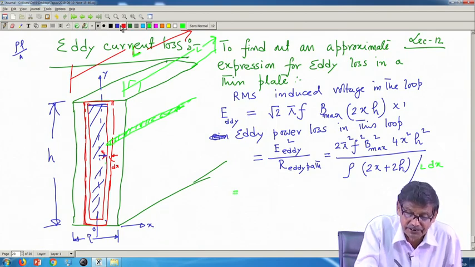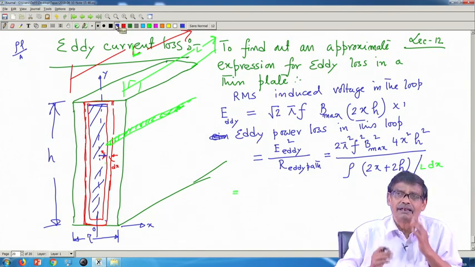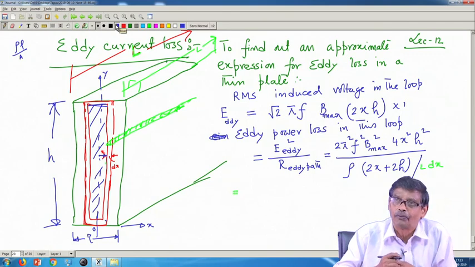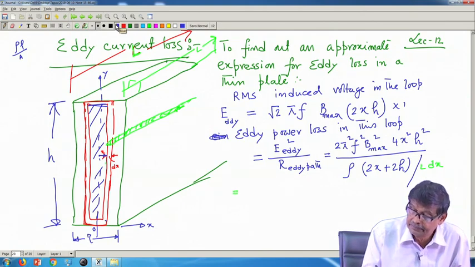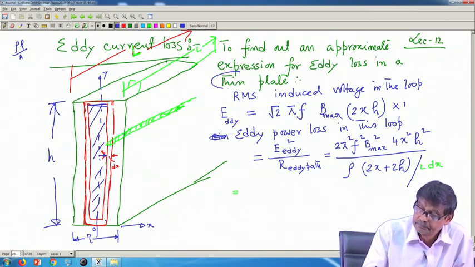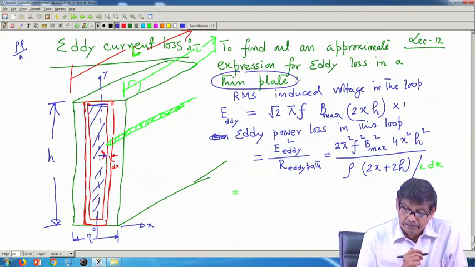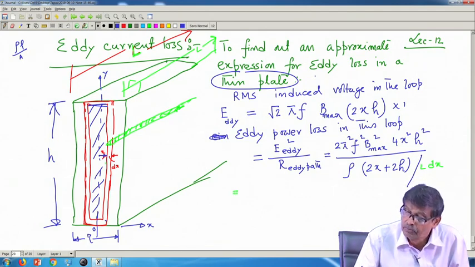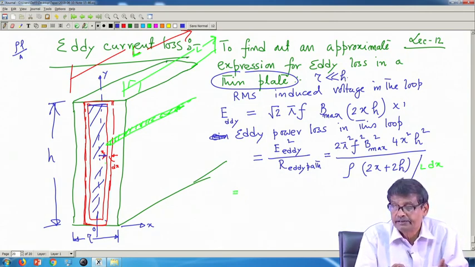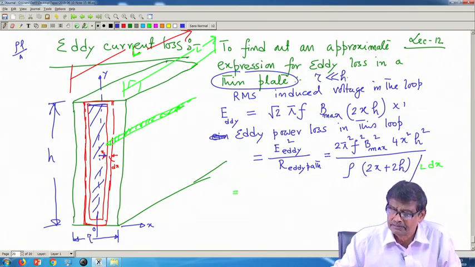Now, as I told you, we would like to find out an approximate formula to have a feeling on what factors eddy current depends on. Since it is a thin plate, the value of tau is much smaller than this finite dimension h or L, whatever it is.